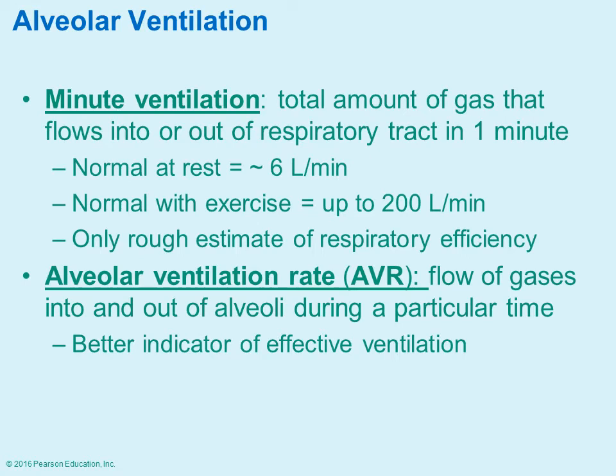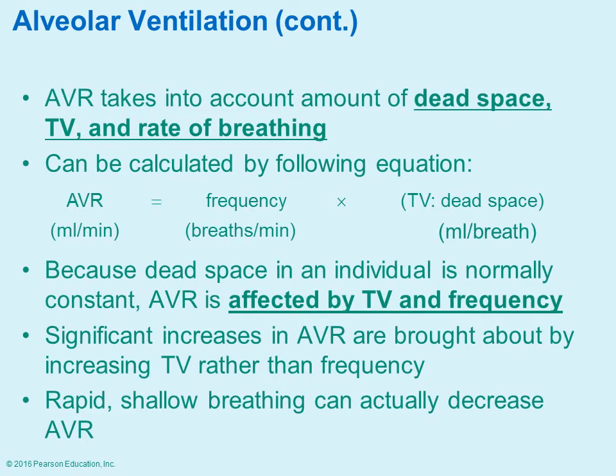Alveolar ventilation rate, or AVR, is the flow of gas in and out of the alveoli at any particular time. And that's going to take into account the total volume, what's the rate of breathing, is there any dead space? So it takes all those factors into consideration, gives you a little bit of a better idea of what the overall efficiency of the breathing with respiratory volumes, etc., are for the patient.